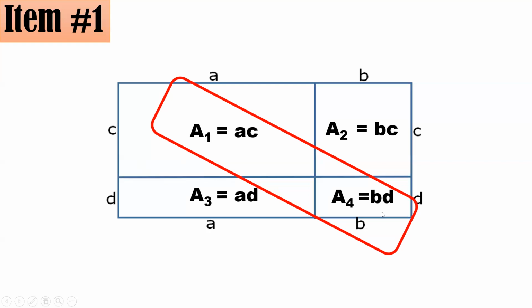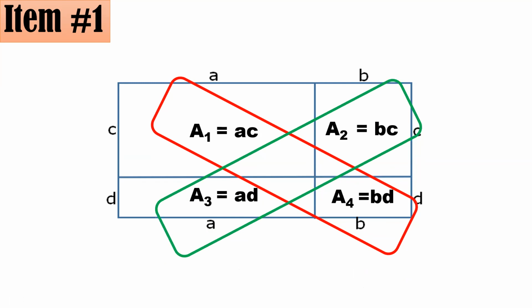AC times BD. Di ba yung product nila ay ABCD? Tama, because AC times BD is ABCD. Now, i-multiply po natin yung isa pang ganito, yung pataas naman, yung A sub 3 at saka A sub 2. AD times BC. And what do you get?